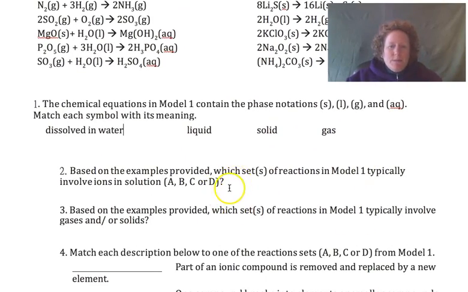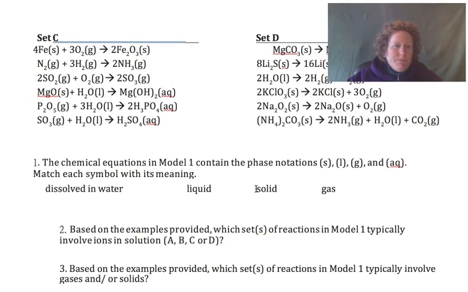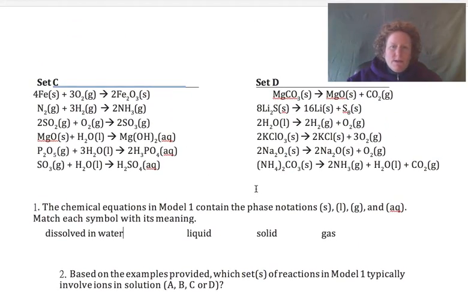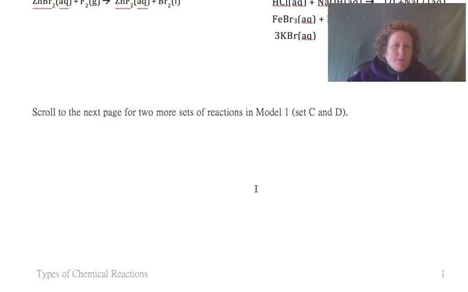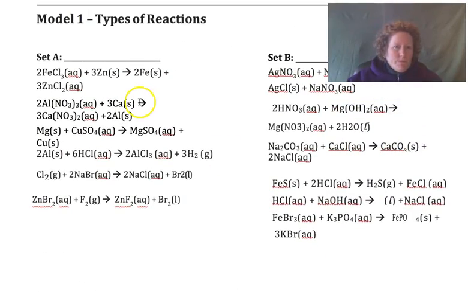Based on the examples provided, which set of reactions in Model 1 typically involves ions in solution? Well, which one is going to have an ion? Let's look up here. These probably come apart and make ions. If it's aqueous, they're going to make ions in solution.